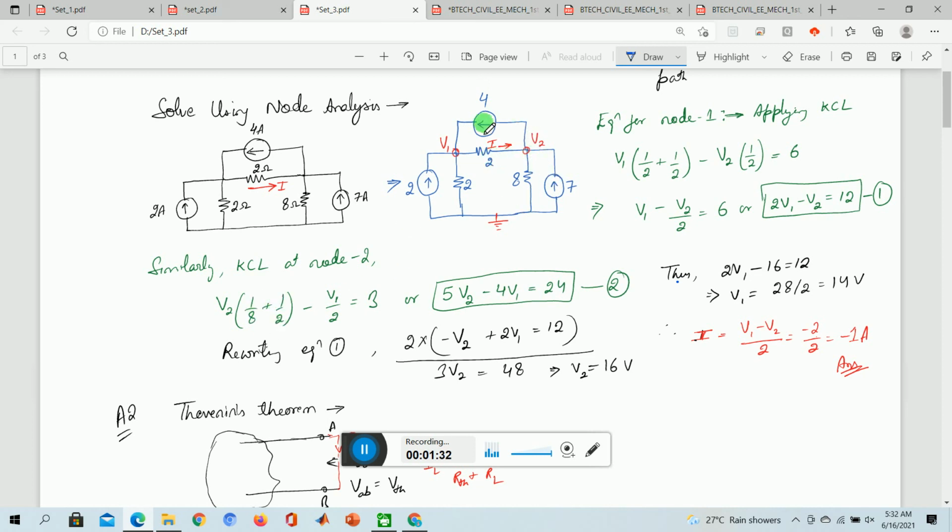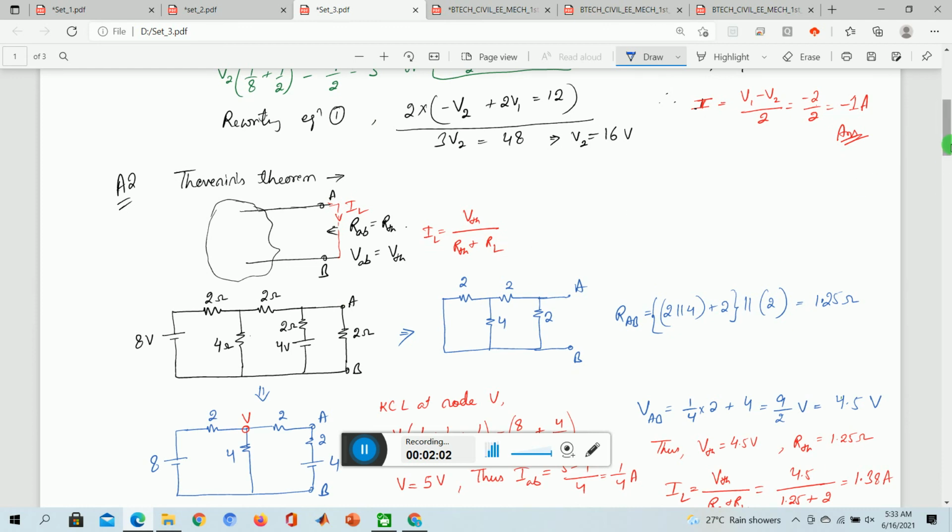And the current there is 4 and 7, that is, 4 is going out, 3 is coming in, so the difference is 3. When we solve these two equations, we easily get the values of V1 and V2, around 14 volts and 16 volts. The difference between them divided by 2 gives -1 as the answer. Like this we can solve this problem using node analysis.